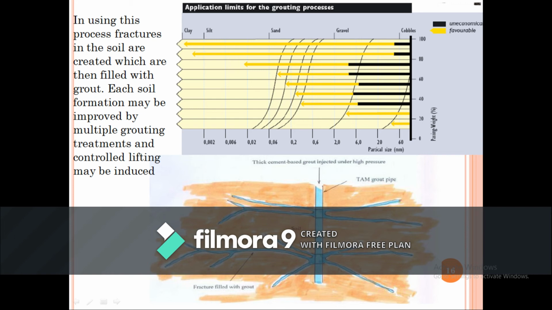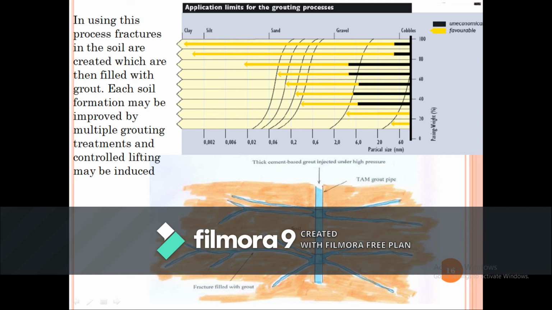We first have a TAM grout pipe, and we first send this pipe, and from there we try to make the cracks a little bigger, and then we send the grout into it. Because of sending this grout, the soil is increasing its bearing capacity, so you can see it in this picture. And on the top, we have the particle size and the bearing weight.